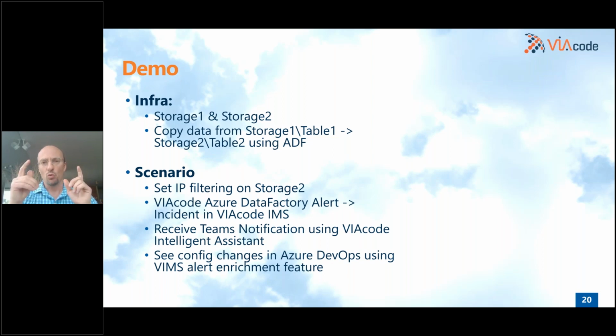So we noticed that when we enrich our incidents, those alerts, with security changes, it helps significantly cut root cause analysis time. So let me quickly go to the demo.